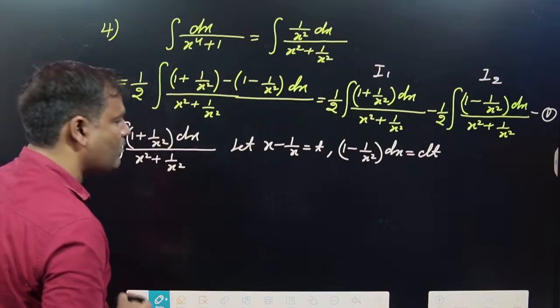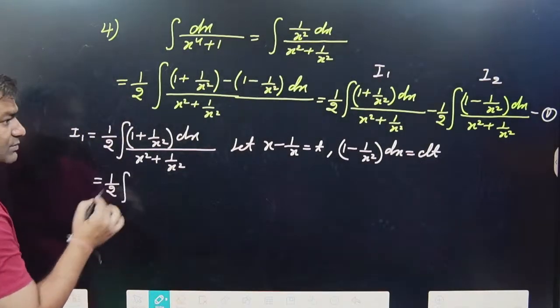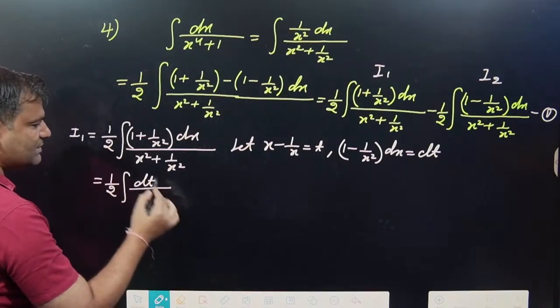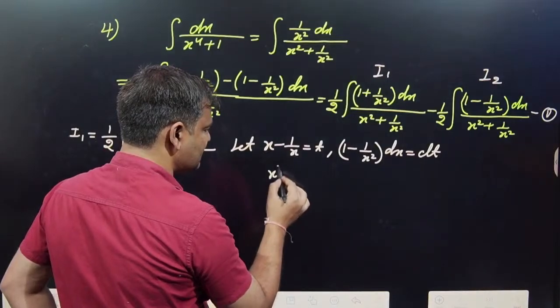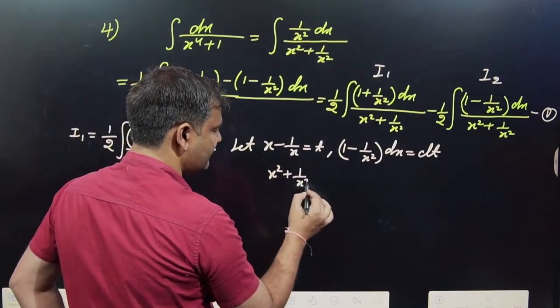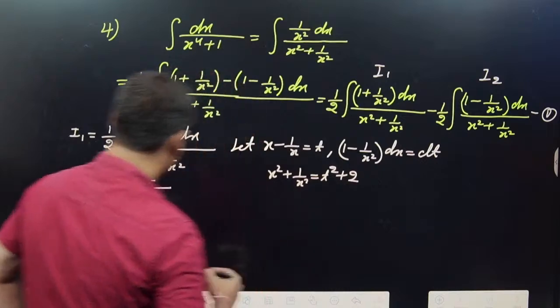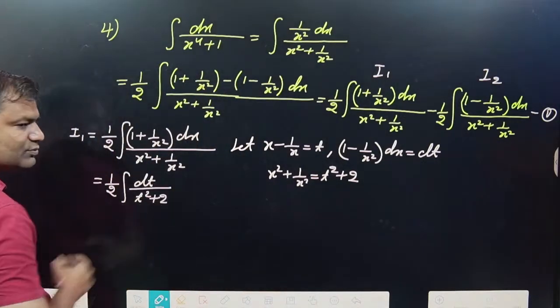Okay, so 1 by 2 into dt divided by how much? Squaring both sides, we get x square plus 1 upon x square equal to t square plus 2. So this one is written as t square plus 2.